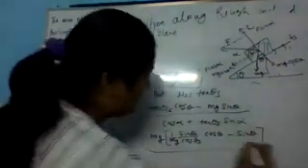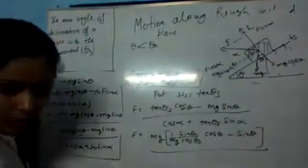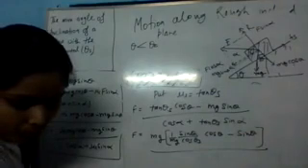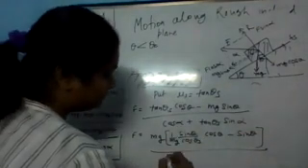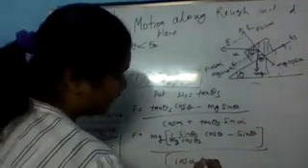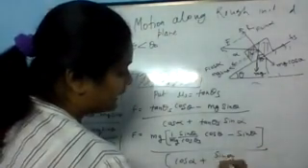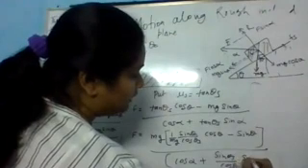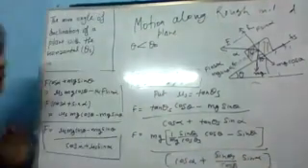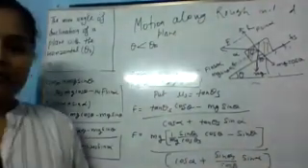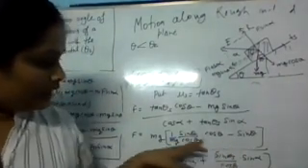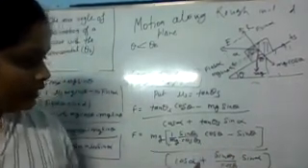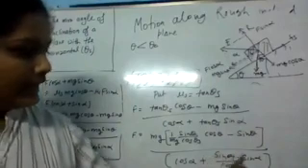Now in the denominator, cos alpha plus sin theta s upon cos theta s into sin alpha. Now you can see that there will be a trigonometrical formula like cos alpha into cos theta s plus sin theta s sin alpha.